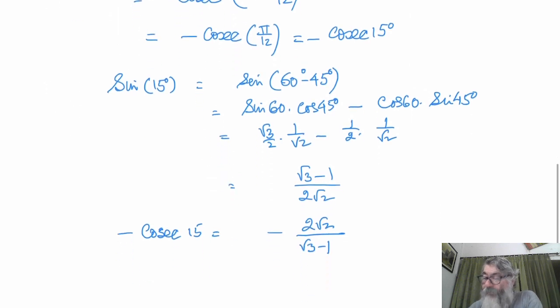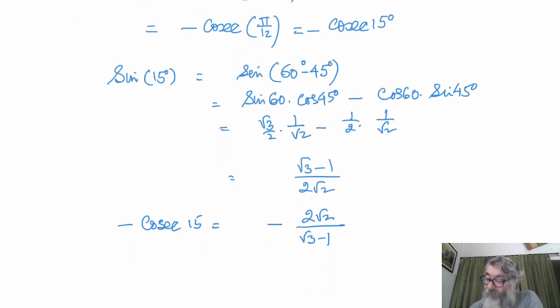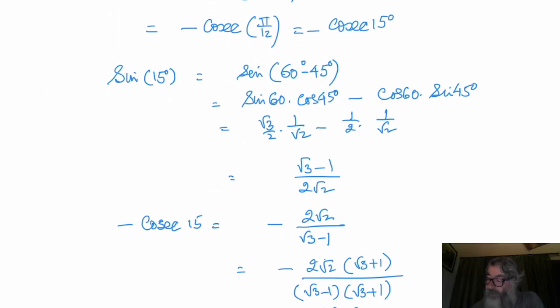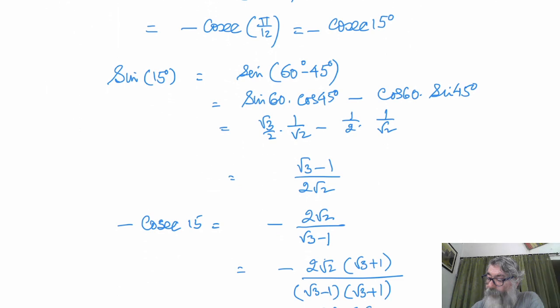Now we must rationalize the denominator. Minus 2 root 2 multiplied by root 3 plus 1, and multiply the denominator also by root 3 plus 1. Let us see first in the denominator what do we get?